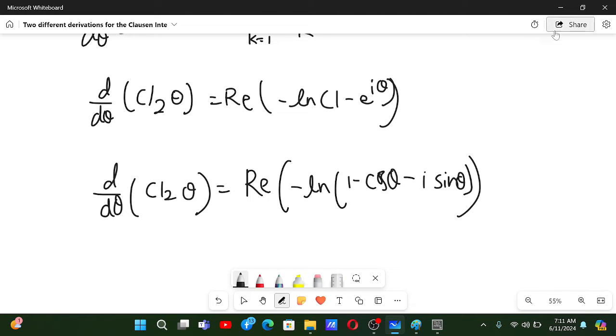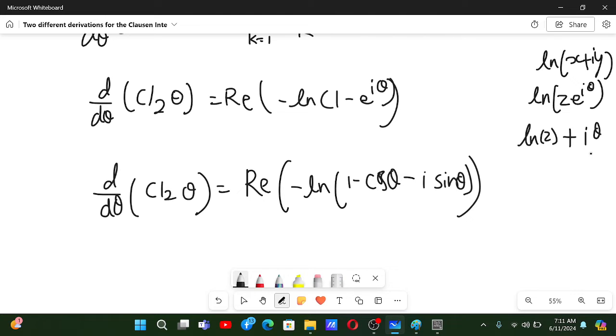Now please note that whenever we need to find the logarithm of x plus iy, we know that any complex number can be written as r e to the power i theta, where r is the modulus and theta is the argument. And after that, it's just ln of r plus i theta. So we see that the real part of a logarithm is always just the logarithm of its magnitude, and its argument will be the imaginary part.